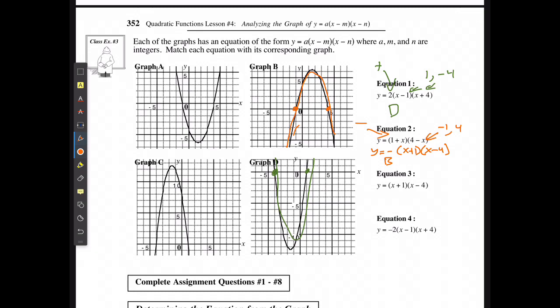For equation 3, I have an a value of positive 1 and intercepts that occur at negative 1 and positive 4.